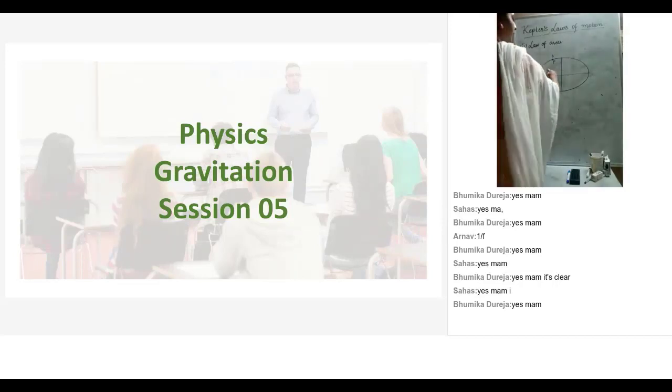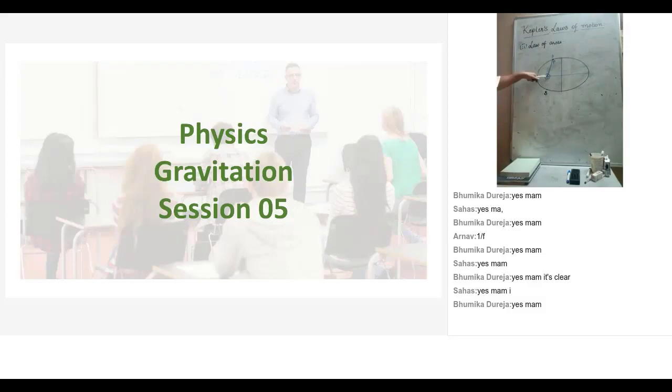The line joining the sun and the planet is called the radius vector.